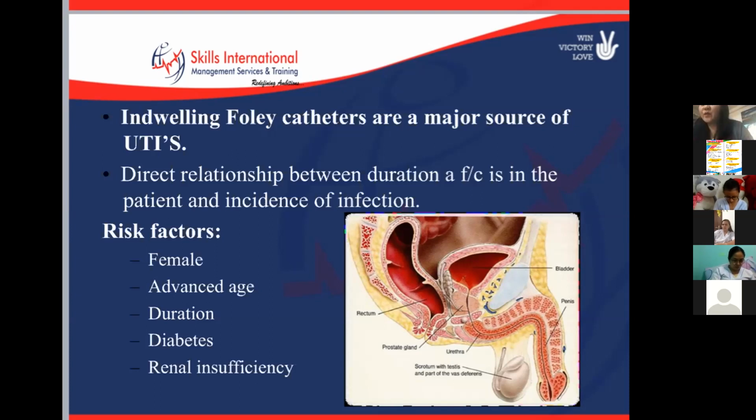So the indwelling catheter is a major source of UTI. Risk factors: women with advanced age, long duration of use, and those patients having diabetes and renal insufficiency.